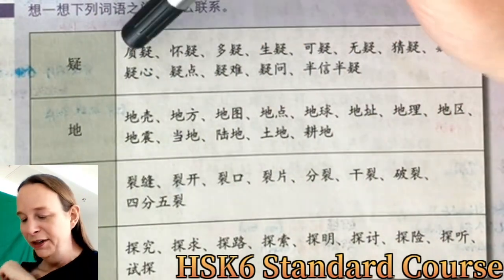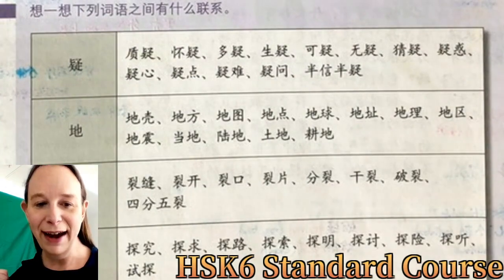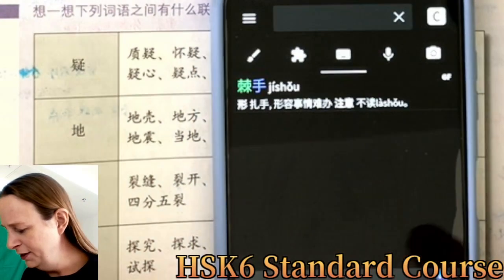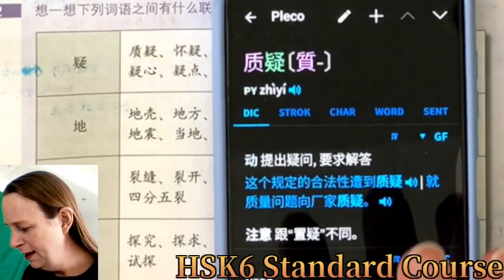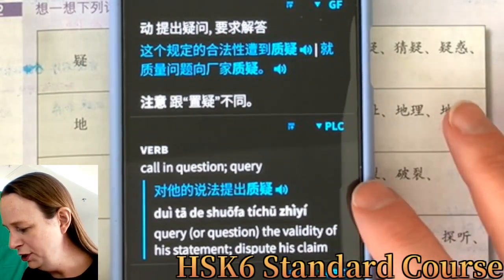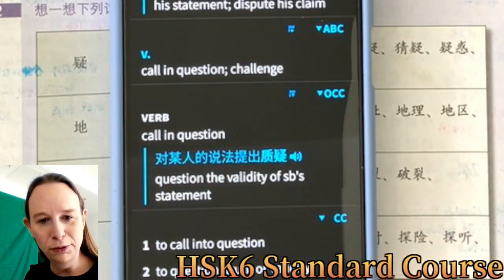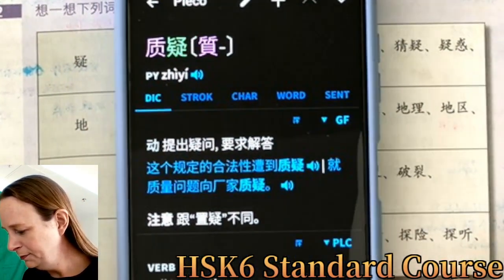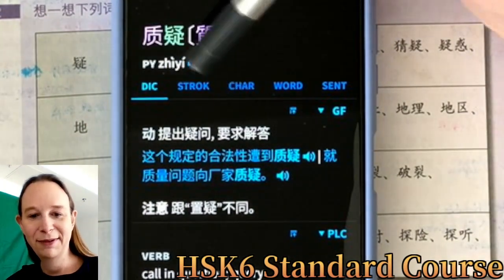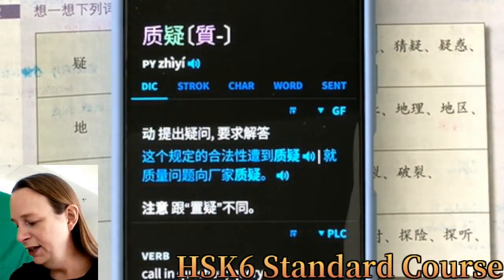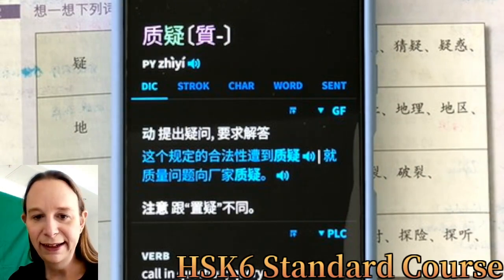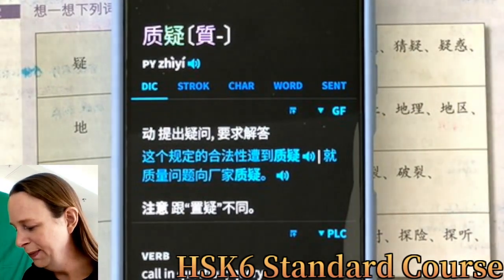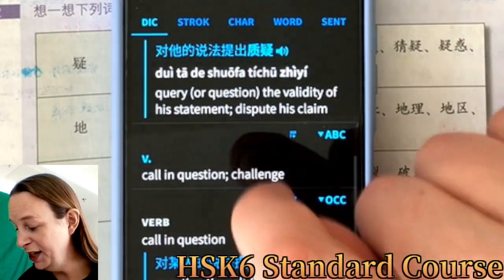All right, let's see what we got. 质疑 I think G is kind of a two-character version of E. G. It's a noun meaning doubt, right? G. No, it's a verb. 提出质疑 That's a verb. You call into question. Answer's a verb. All right. 这个规定的合法性遭到质疑。So experiencing doubt, legal doubts, legal challenge is a good one.